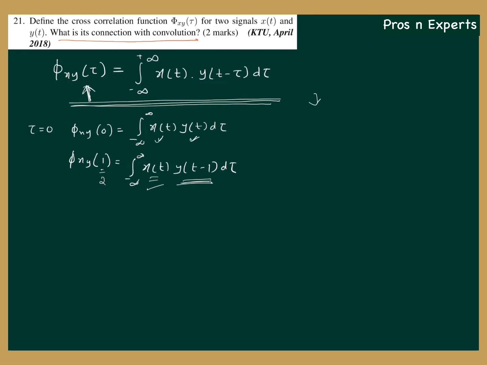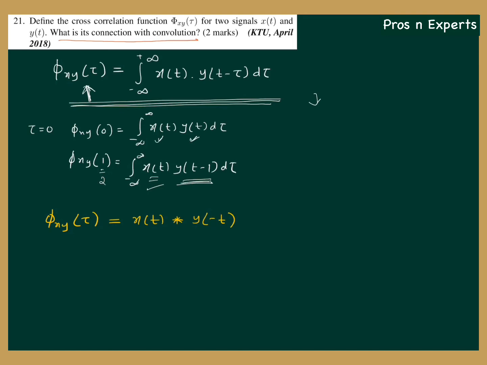I can say that correlation phi xy of tau means you are finding the cross correlation between signal x of t and y of t. So phi xy of tau will be equal to x of t being convolved not with y of t, but y of minus t.